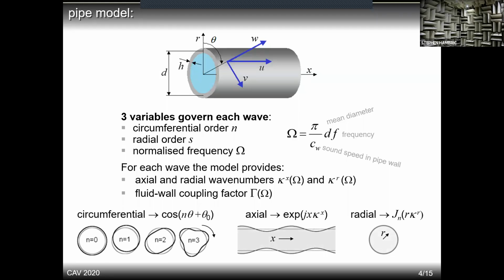Here we have the laws which govern the pipe motion in three orthogonal directions: circumferential, axial, and radial. This is cosine in circumferential, exponential depending on the axial wave number kx, and in the radial direction it's Bessel functions depending on radial wave number kr.